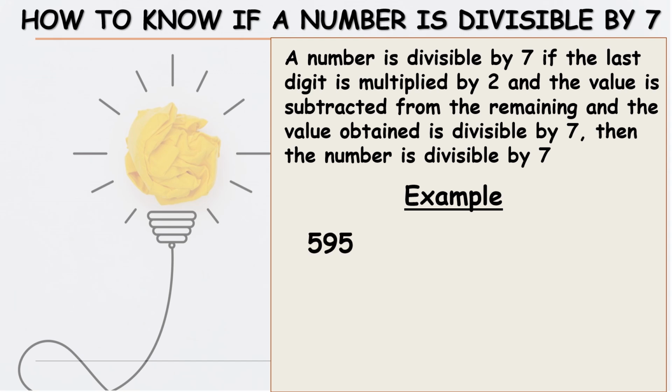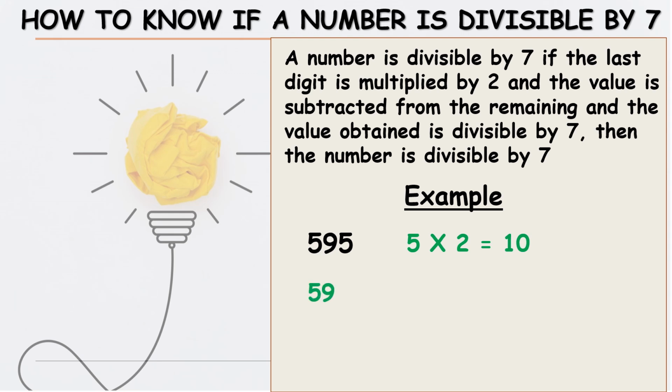So 595. We'll do 2 examples to be able to understand it better. 595. So the last digit is what? 5. So 5 times 2, and that gives us 10. So when we take 5 away, we have 59. Those are the remaining digits.